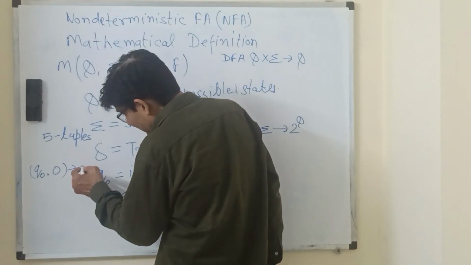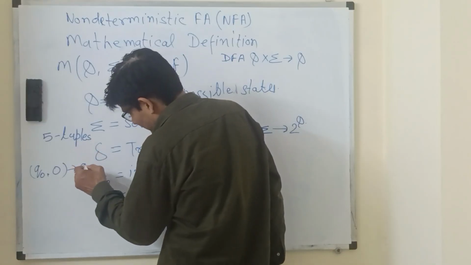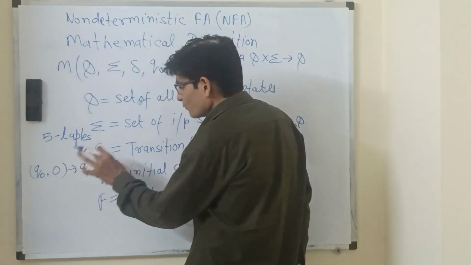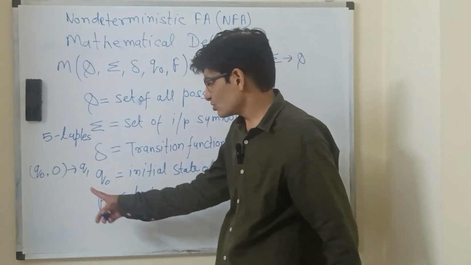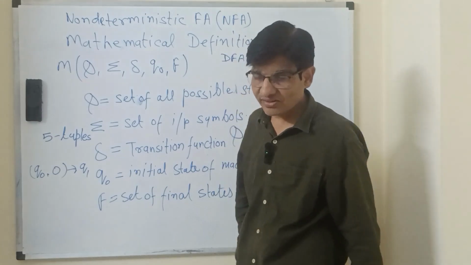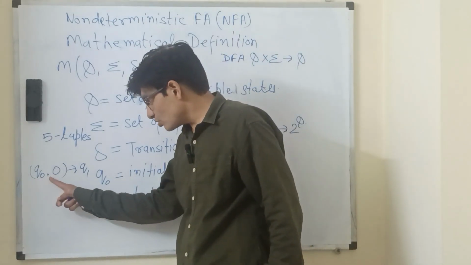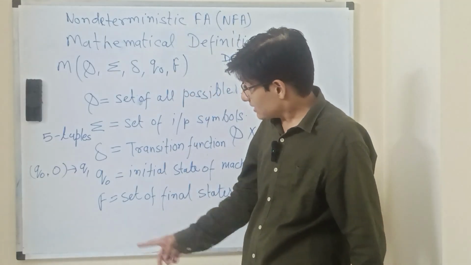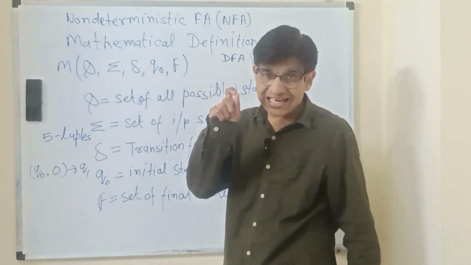So I can be in any one state only, like Q1, Q2, Q3, Q4, any one state in case of DFA, because for each combination of current state and current input symbol, there exists only one next state.